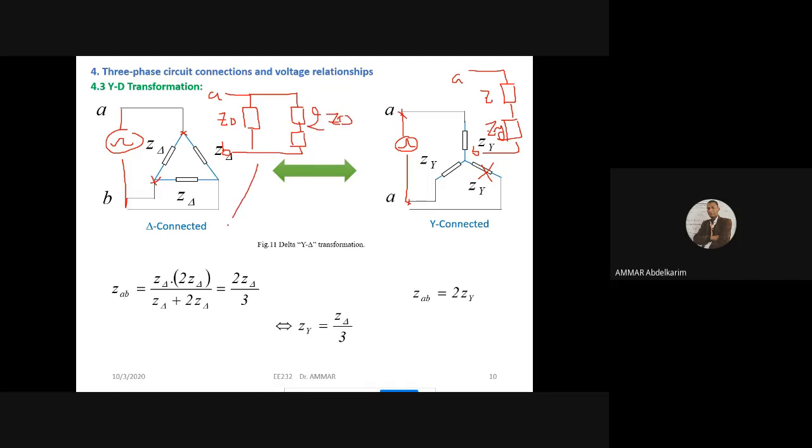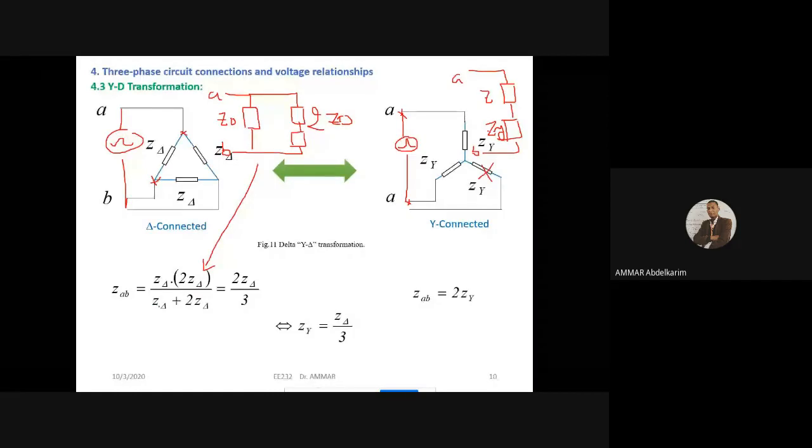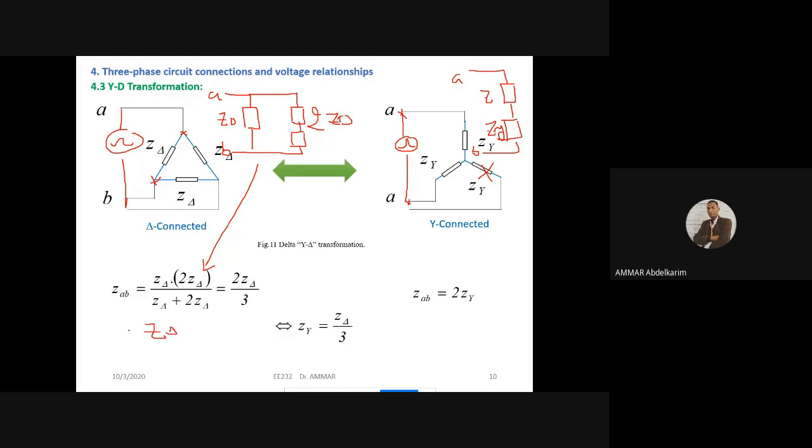This equals Z delta times 2Z delta over Z delta plus 2Z delta, which equals 2Z delta square over 3Z delta, which equals 2Z delta over 3.